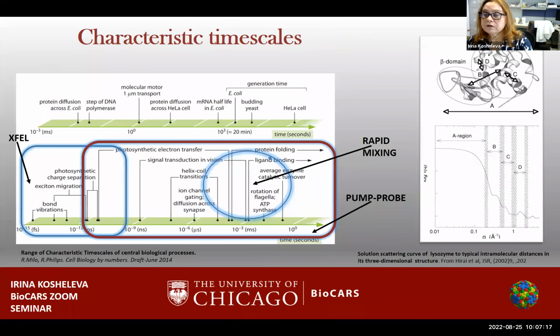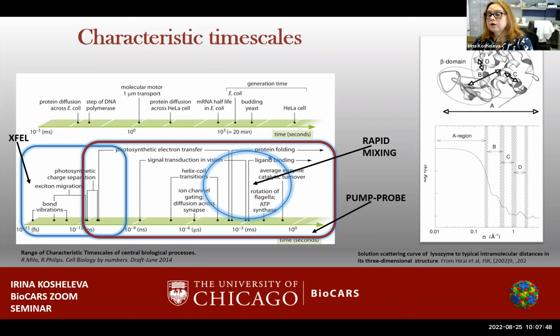I will speak a little bit about the characteristic timescales, and then I will reuse this picture in regards to how much sample we potentially can consume for different types of experiments. Here, I would like to emphasize the pump probe time domain, and when I'm talking about pump, I'm talking about any pump.